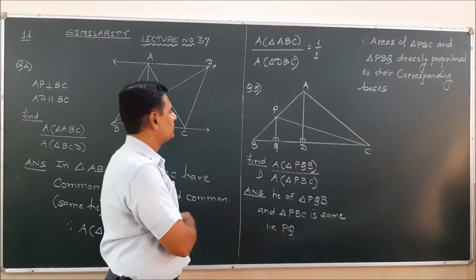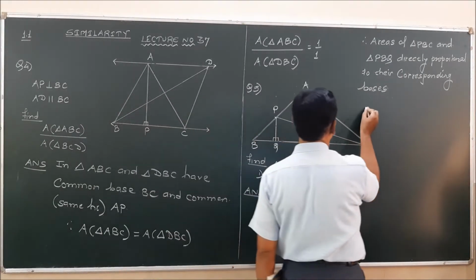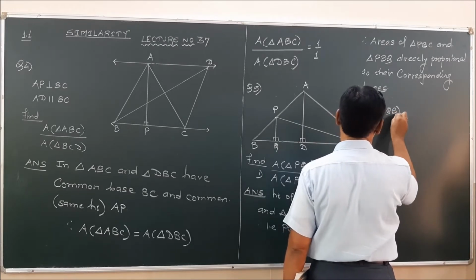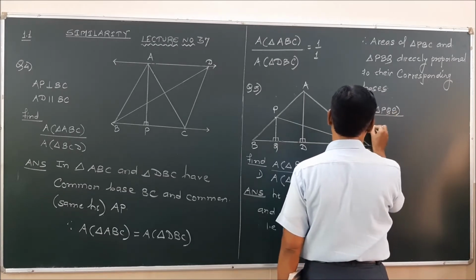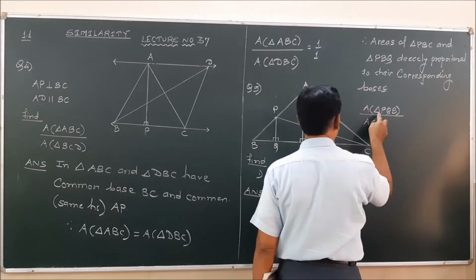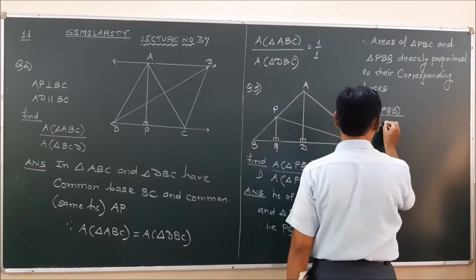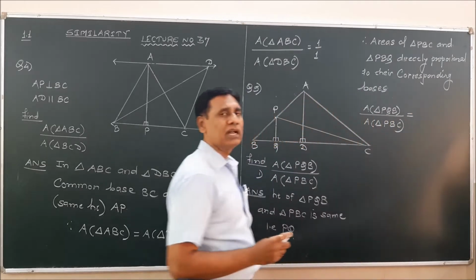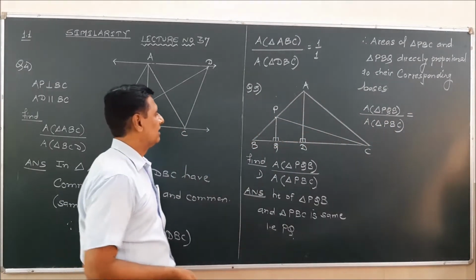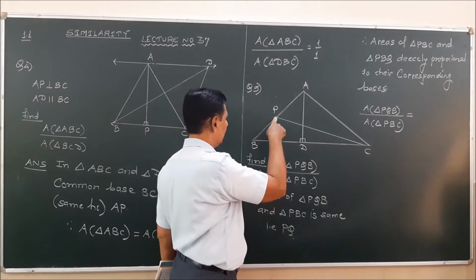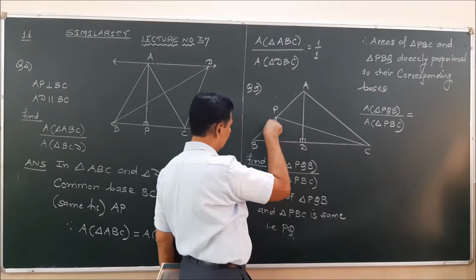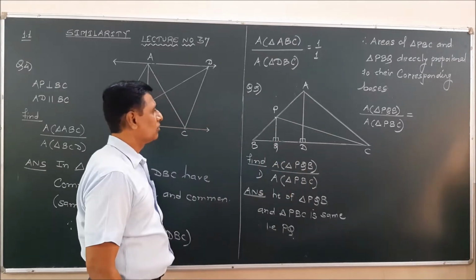Therefore, the next step is area of triangle PQB upon area of triangle PBC is equal to. Now it is very important that we have already mentioned that triangle PBQ has height PQ, triangle PBC also has this height PQ.